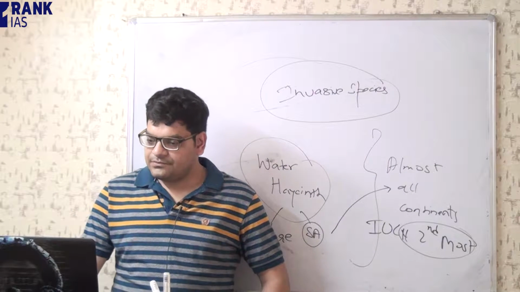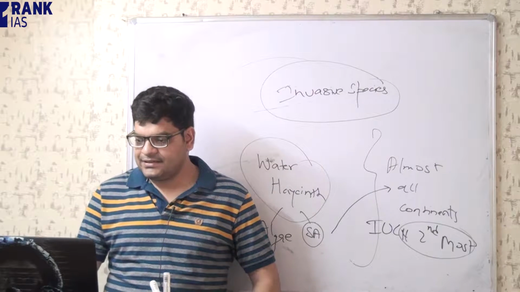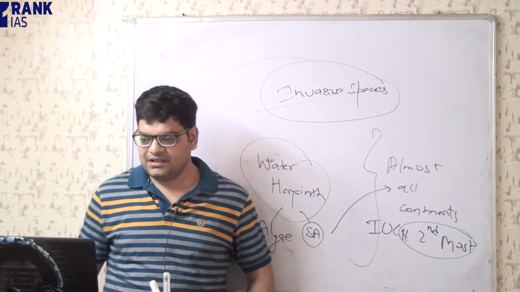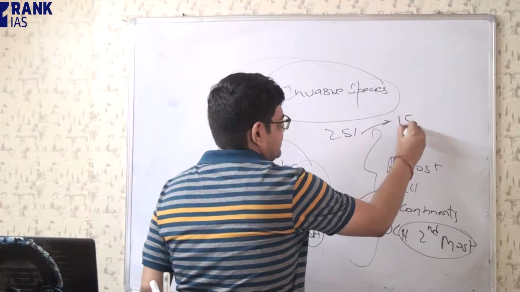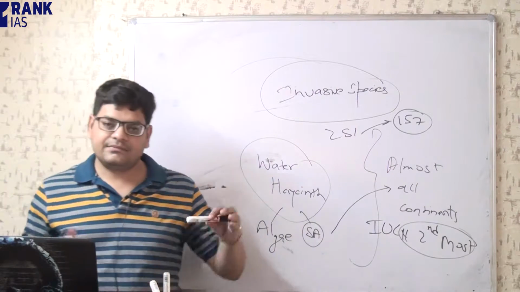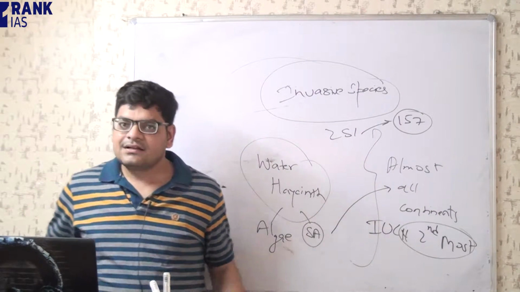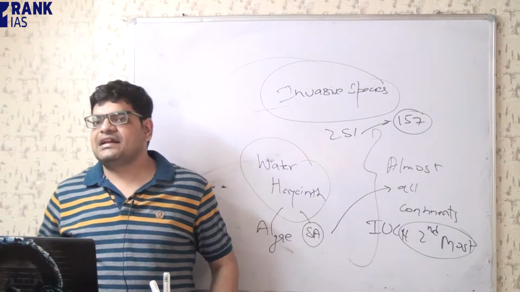The Zoological Survey of India has listed 157 alien species which are identified, and they can badly damage the ecosystem balance in our country. So these are the concepts of alien species.